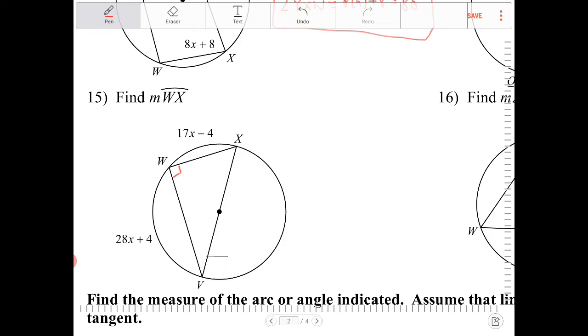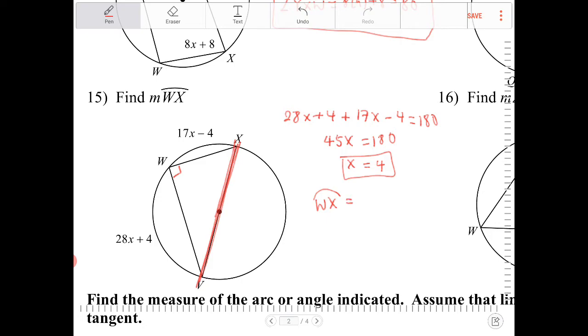So since this is a diameter, that means 28x plus 4 plus 17x minus 4 is equal to 180. I can add together 28 and 17 to get 45, 4 and negative 4 to get 0, so 45x is equal to 180. Divide by 45, I get 4. So since x is equal to 4, I can then figure out what WX is. So that would be 68 minus 4, 64.